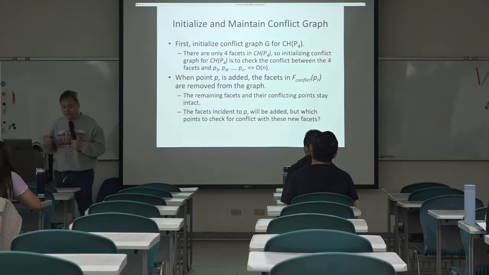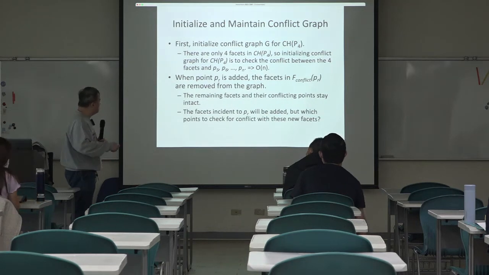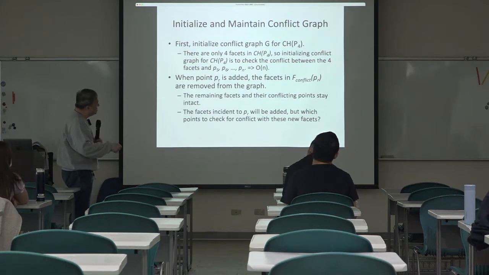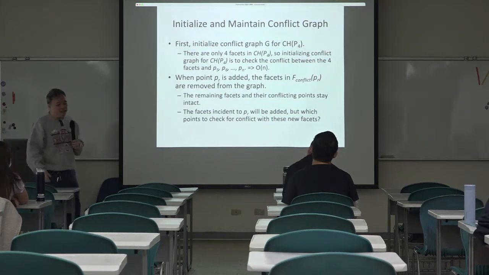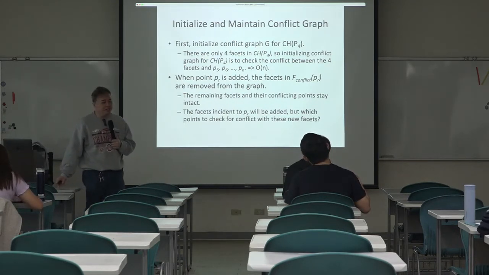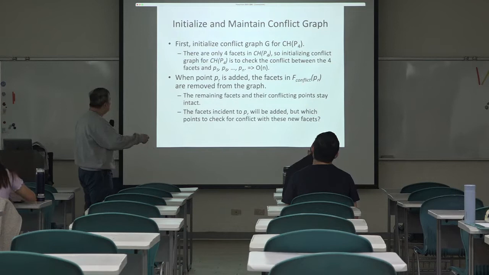But how about the maintenance? When we add a point to the convex hull, what do we do to the conflict graph? When point Pr is added, the faces in F conflict Pr, the faces that conflict with Pr, are visible from Pr, so they need to be removed. That can be done easily with the help of the conflict graph, which is good.